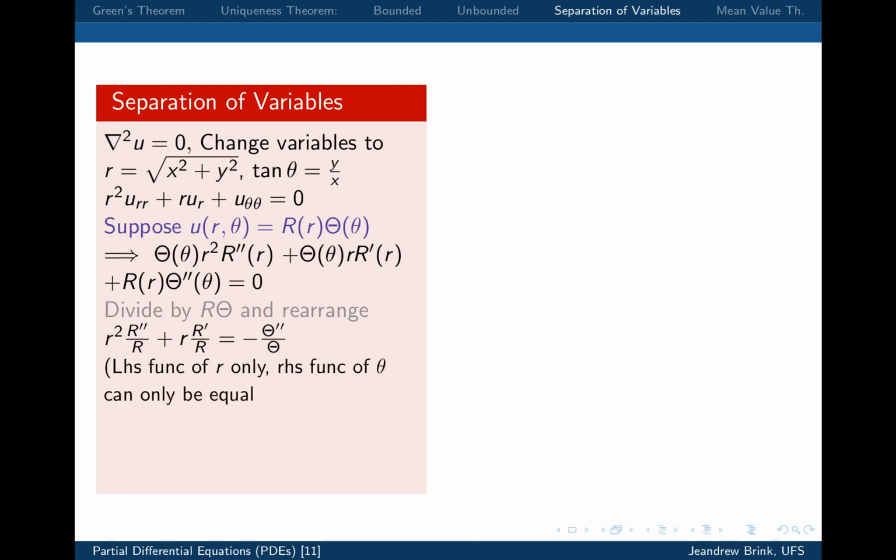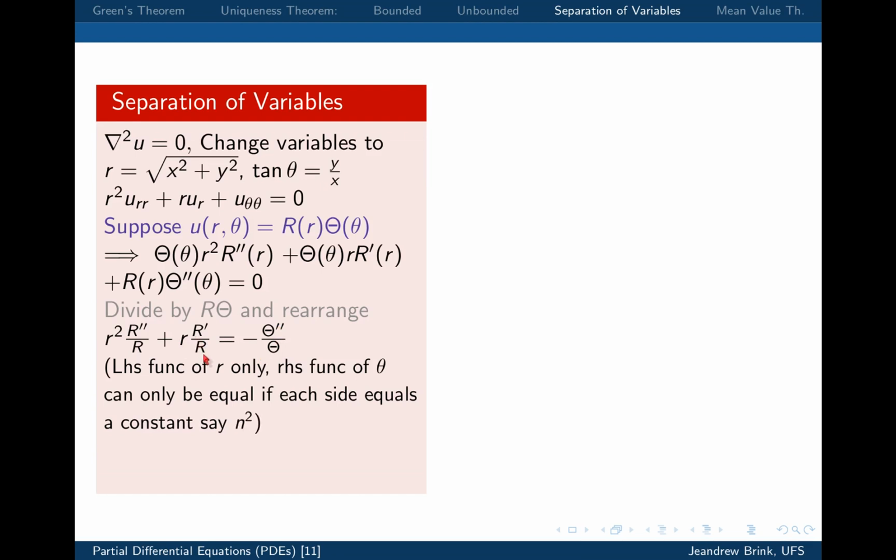Because the functions vary independently, each side must be equal to a constant. And this allows us to split this equation that comes from the partial differential equation in two unknowns into two separate ordinary differential equations.